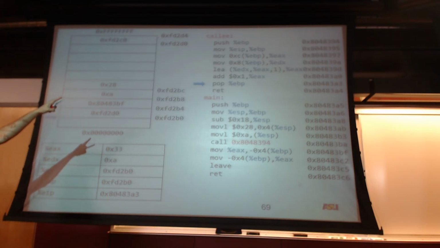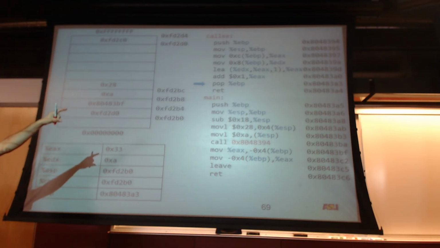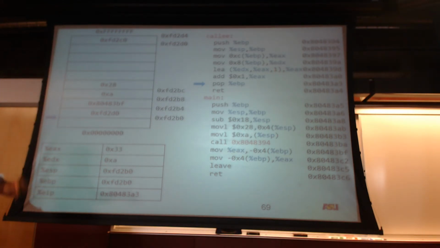It did push EBP, and also it made changes to the stack pointer and the base pointer, the frame pointer. It made those two changes. So first of all, it has to revert that. So if you do push EBP, you have to do pop. So the callee does pop EBP.